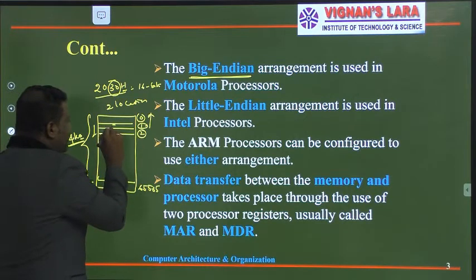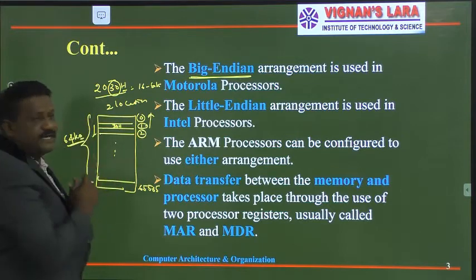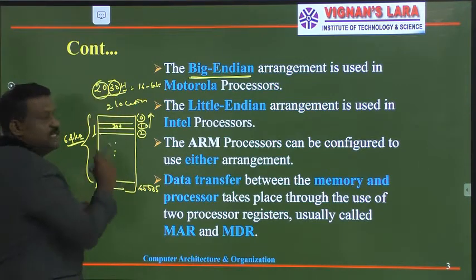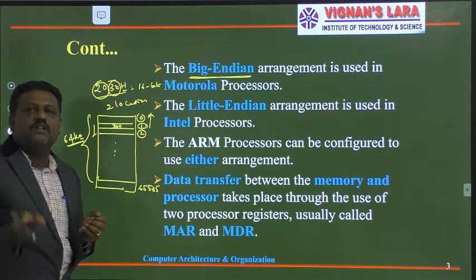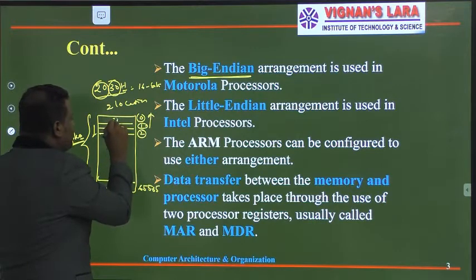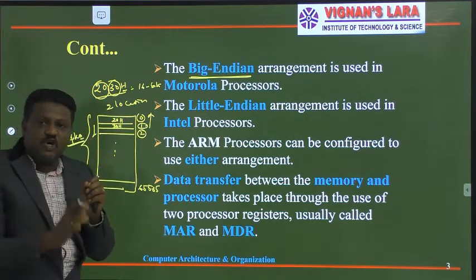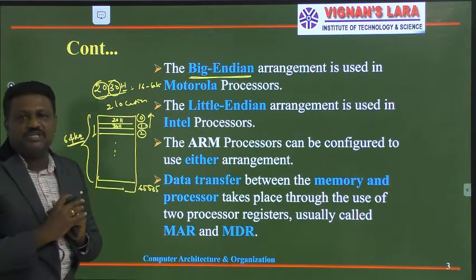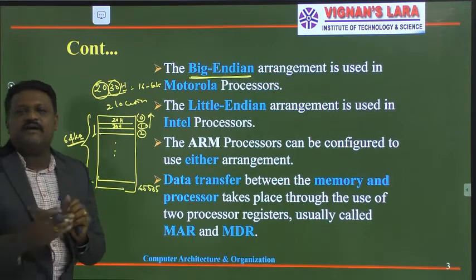For example, here I have 30H, and I am left with 1 more byte of data, which is 20H. My higher order byte is always copied onto the lower order address location. So this 20 is copied here. That means the lower order byte of a data occupies the higher order address location, and the higher order byte of a data occupies the lower order address location.